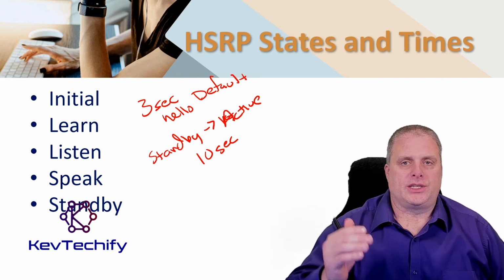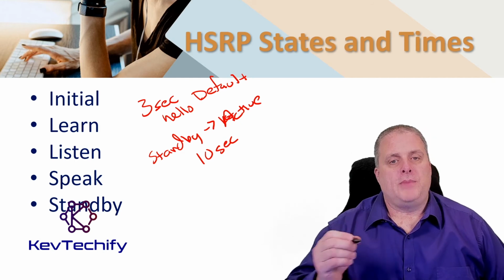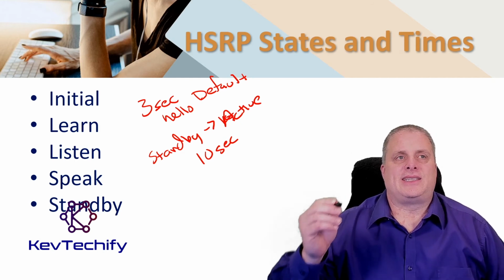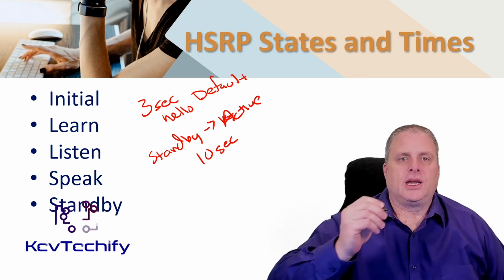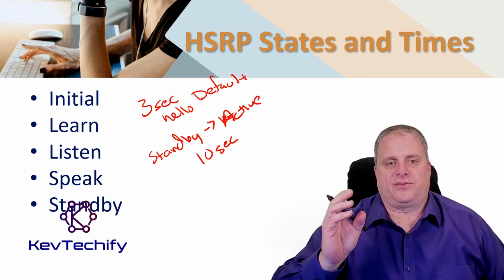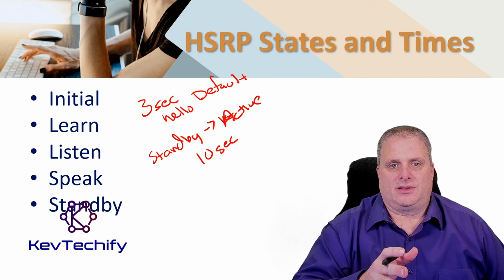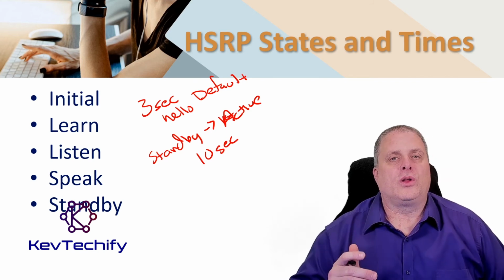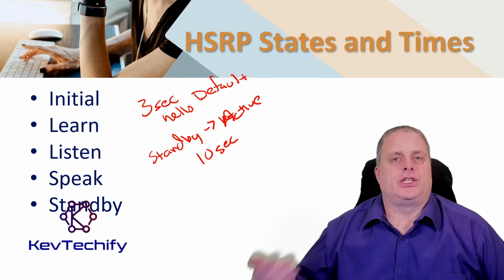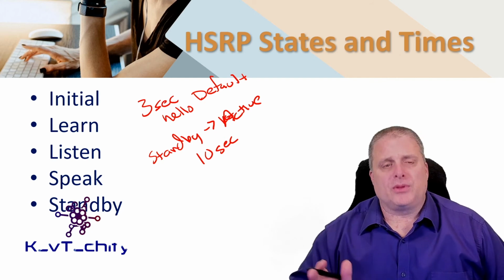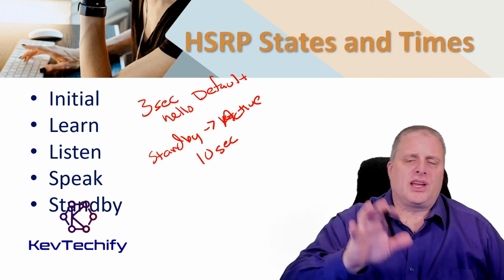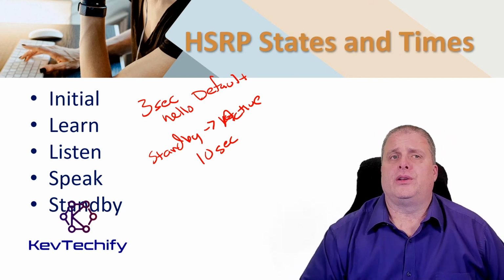And a lot of times it may even increase the standby state changes, because now, after 3 seconds of not hearing a hello after you modified it, it's going to change. And maybe it was just some network congestion where it didn't get through. But most people say using the default of 3 seconds and 10 seconds is a pretty good number to use.